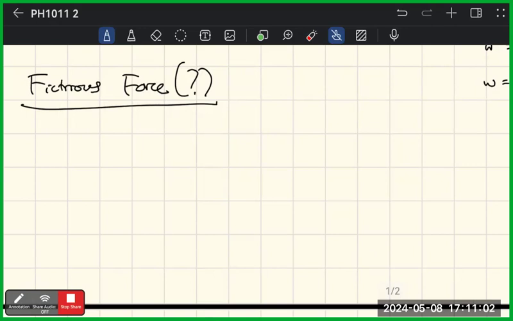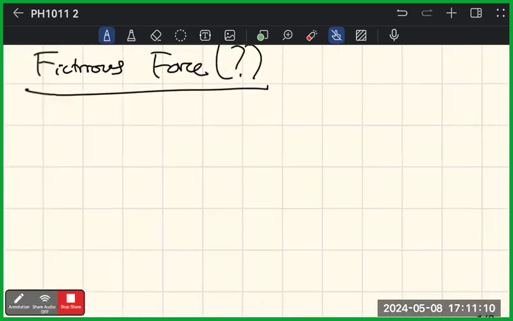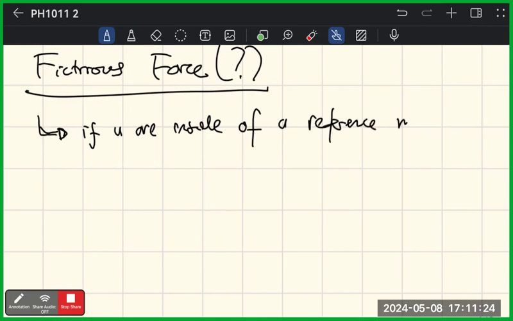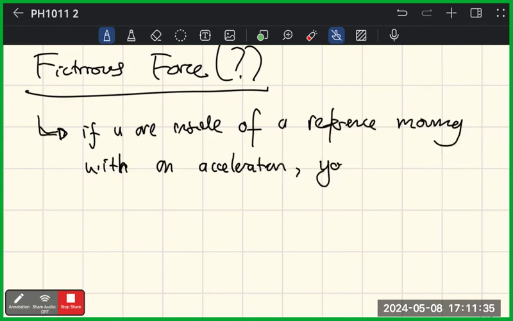And this method is somewhat easier to understand for some cases. What fictitious force means is that if you are inside a reference frame moving with an acceleration, you will see a fictitious force.